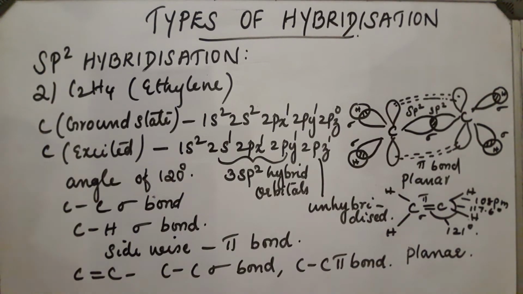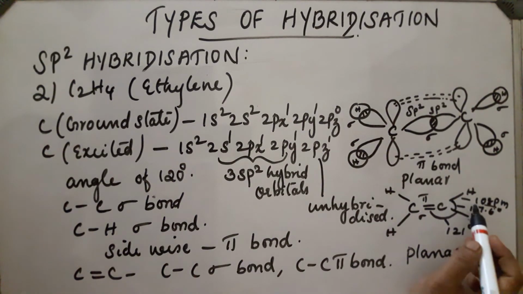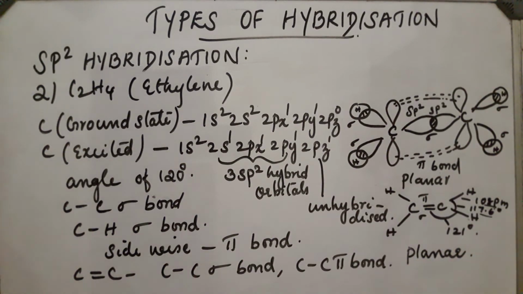The C-H bond length is 108 pm, the HCH bond angle is 117.6 degrees, and the CCH bond angle is 121 degrees. So this will be the structure of ethylene, and the geometry is planar.